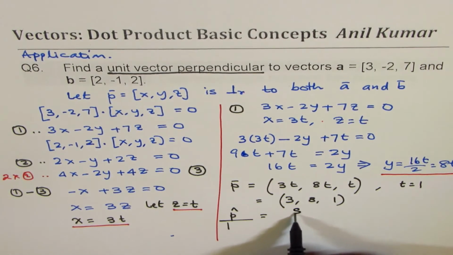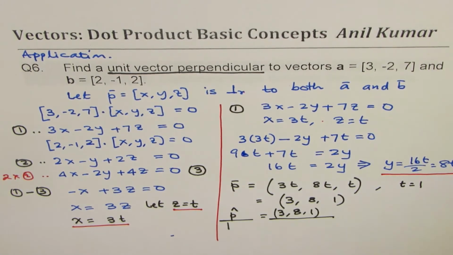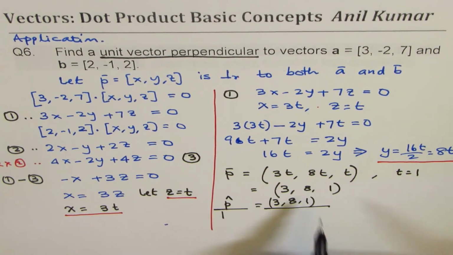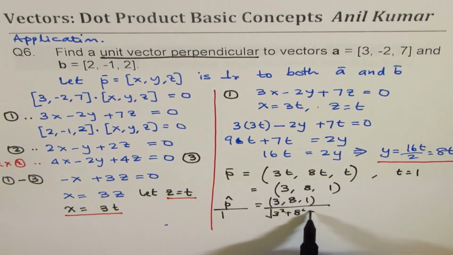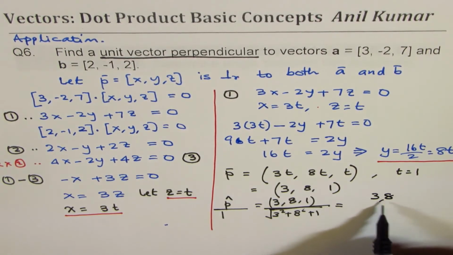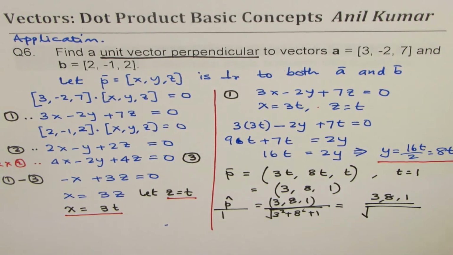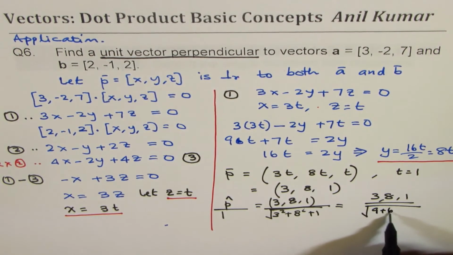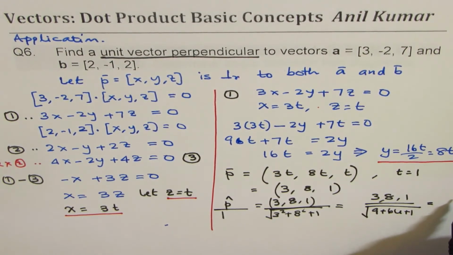So what we get here is 3, 8, 1 divided by the magnitude, which is square root of 3 square plus 8 square plus 1. Let's add this, 9 plus 64 plus 1, so 10, 74, right?